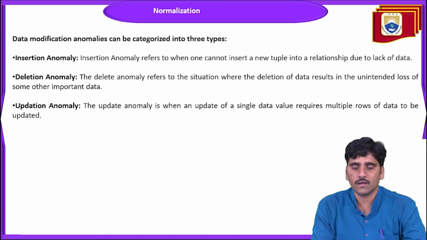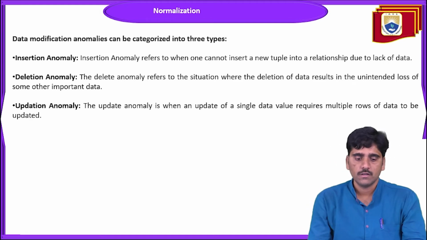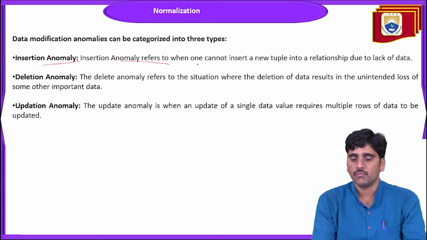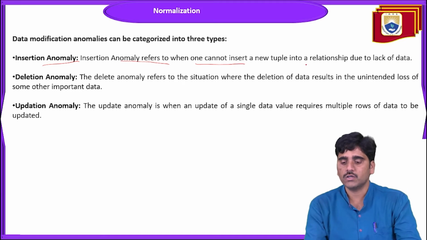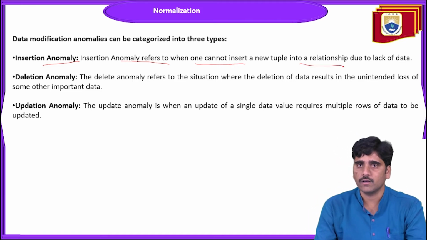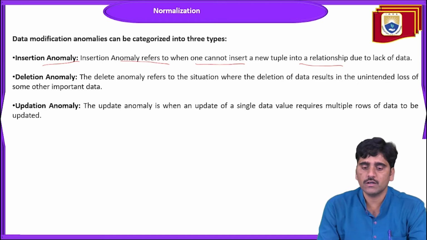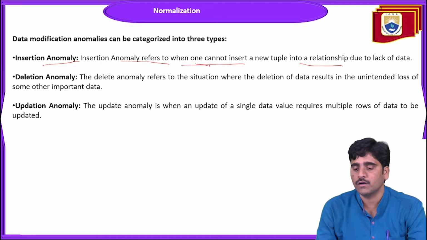Data modification anomalies can be categorized into three types. One is the insertion anomaly. An insertion anomaly refers to when one cannot insert a new tuple into a relation due to lack of data.